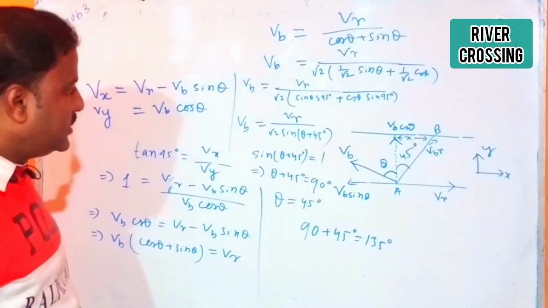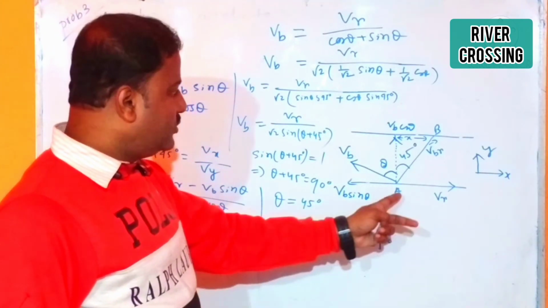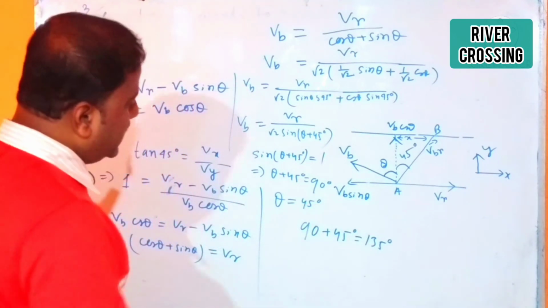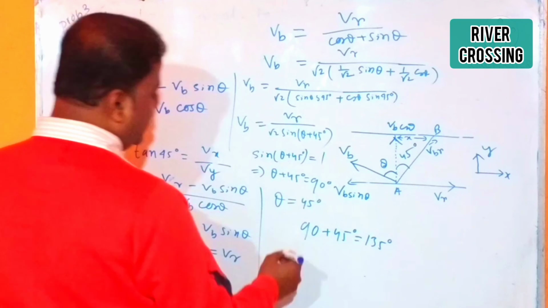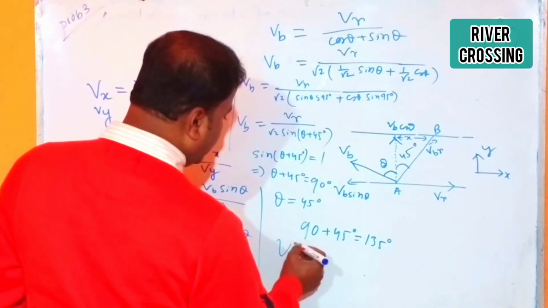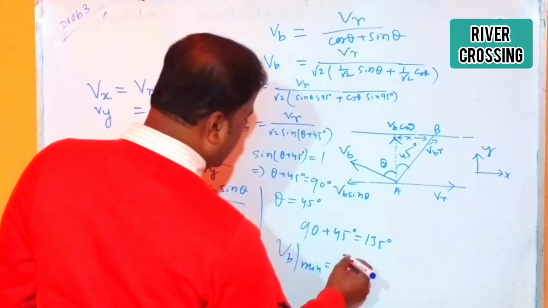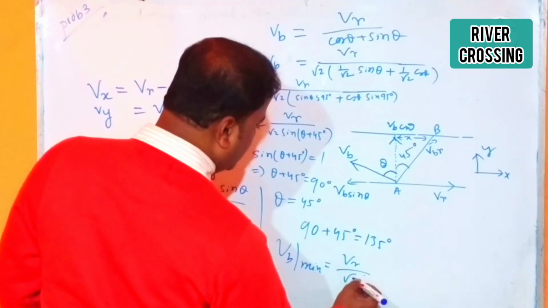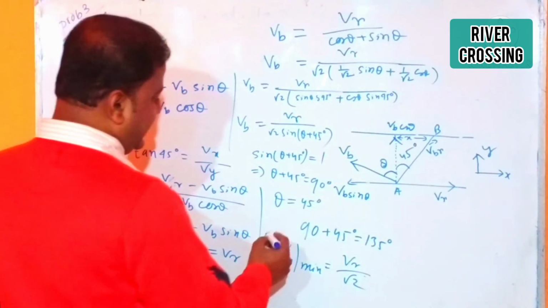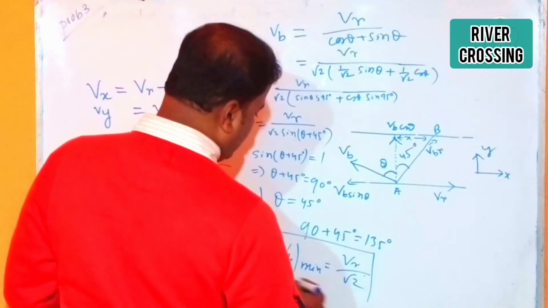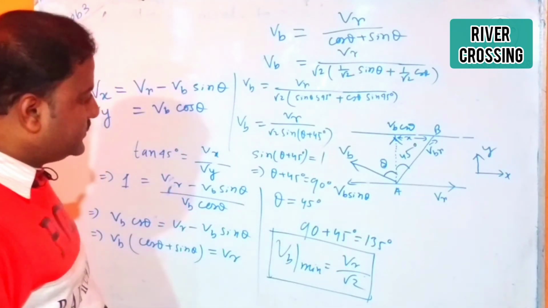If the boat is driven at an angle 135 degree with the river current, then it will reach point B with minimum velocity, and this minimum velocity Vb minimum equal to Vr by root 2, because sin of theta plus 45 degree is 1. Therefore, minimum velocity Vr by root 2.